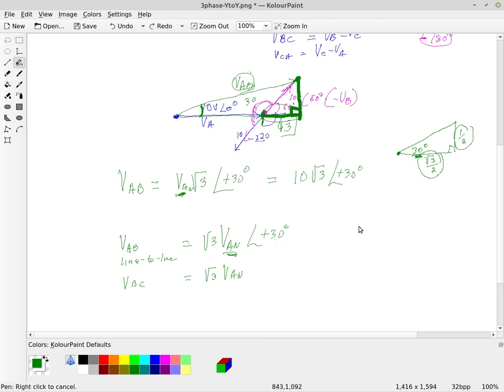So you've got plus 30 minus 120, which would be minus 90. And then VCA is going to be 30 plus 120, which would be 150 degrees.